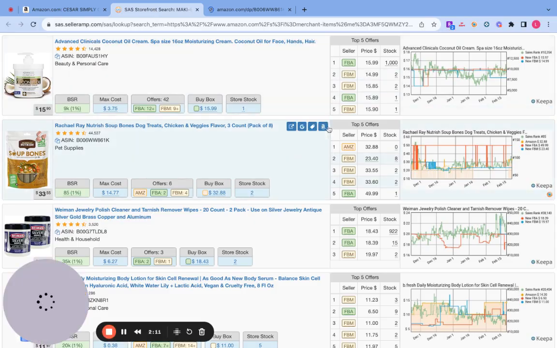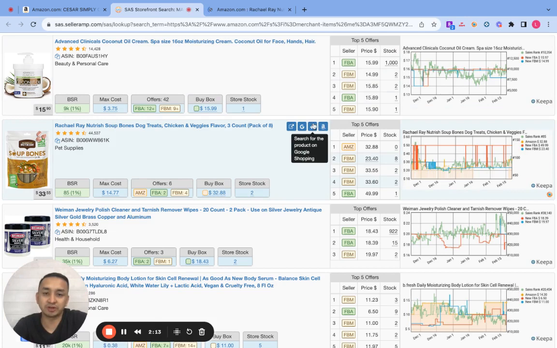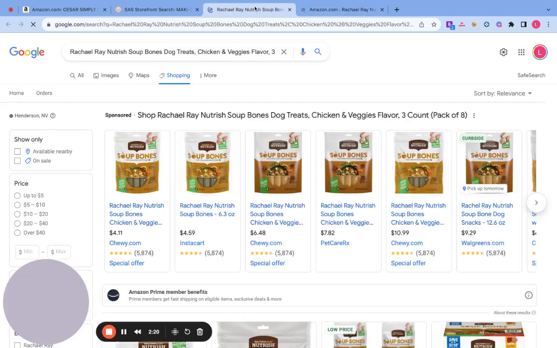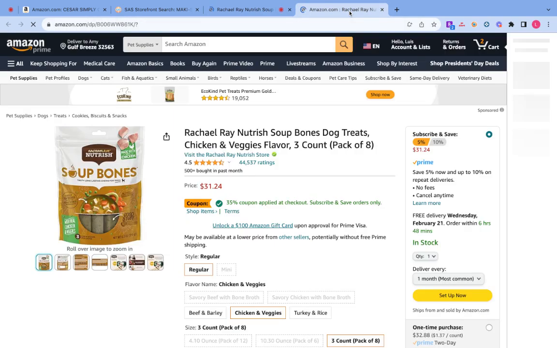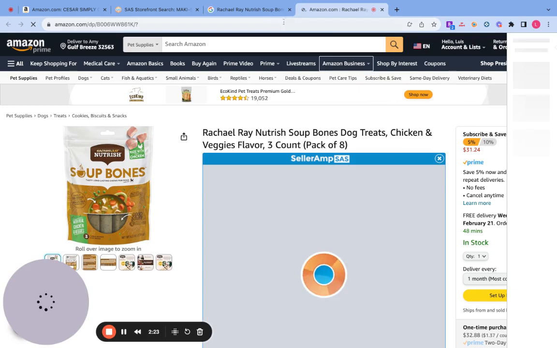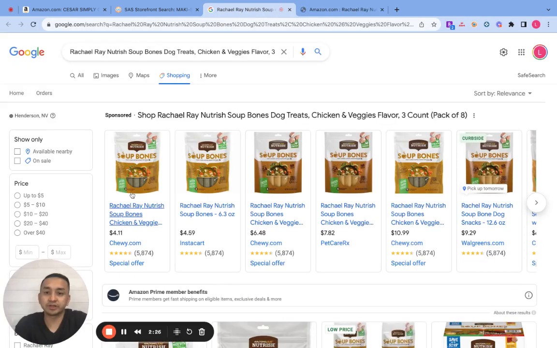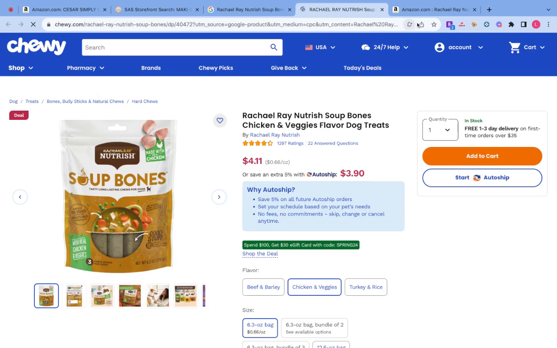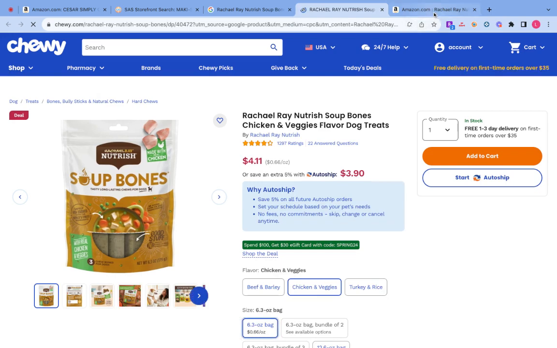I'm going to click the Amazon product page right there, and then click on Google Shopping right there. This one's a pack of 8. So let's see if this is going to make sense. I think I found it here on Chewy.com for $4.11. Let's open this up. Let's see if it's the same product. So it looks like the same product.